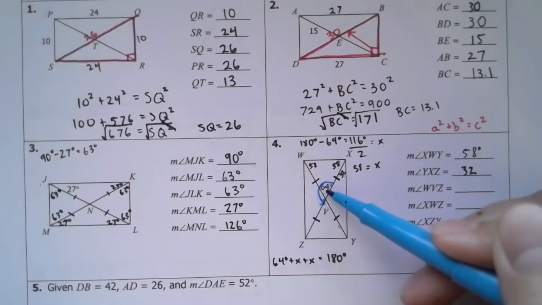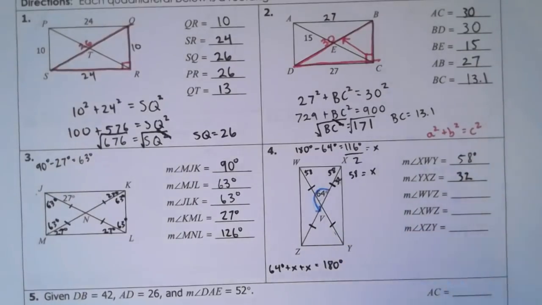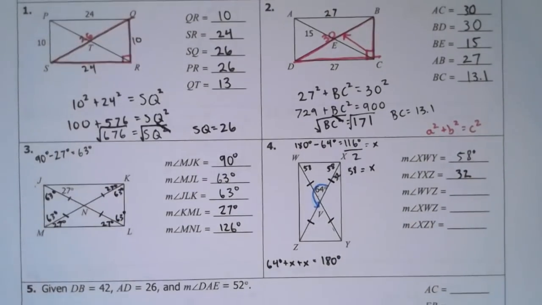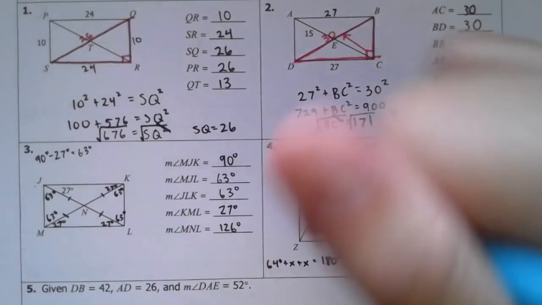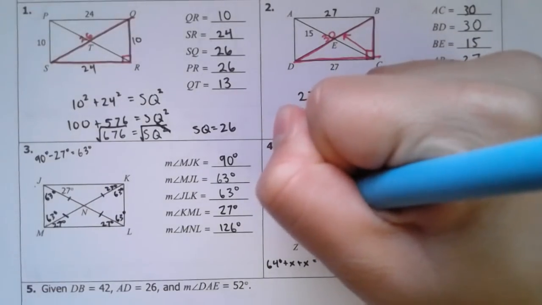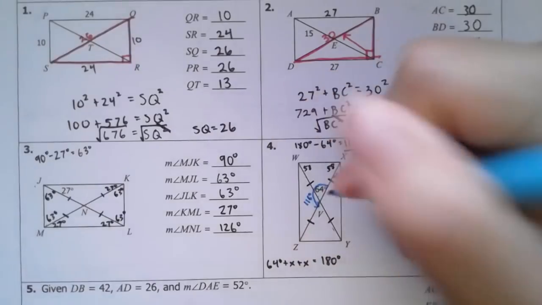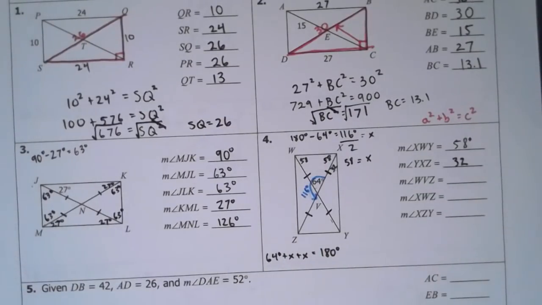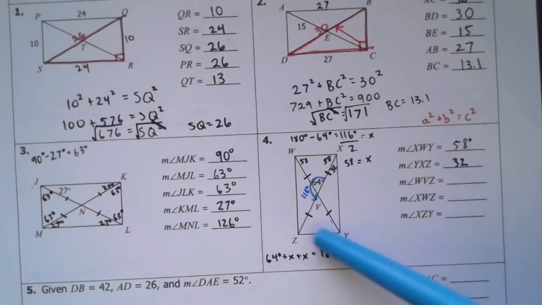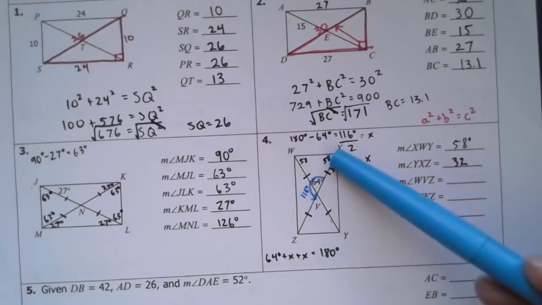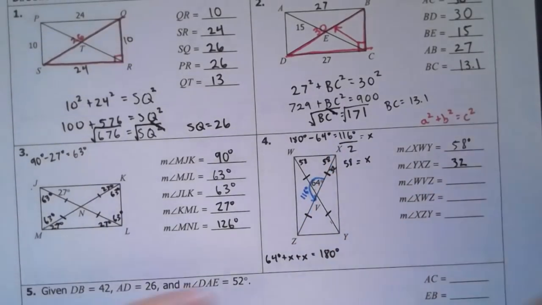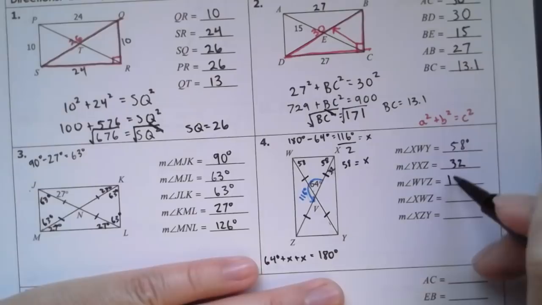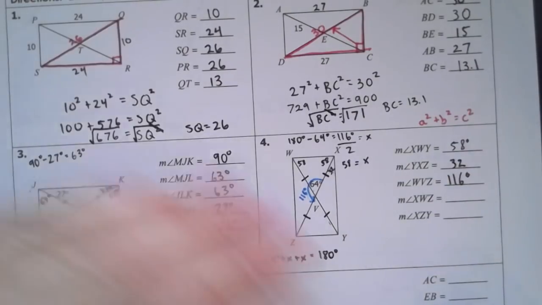You have part of it as 64, so 180 minus 64 gives you 116. So then this one is 116 degrees, and again it's a straight line, so 116 plus 64 needs to equal 180.